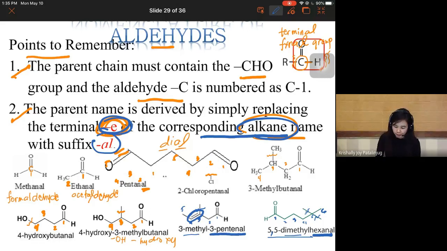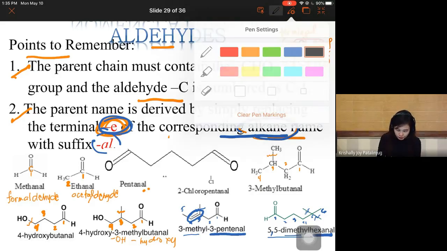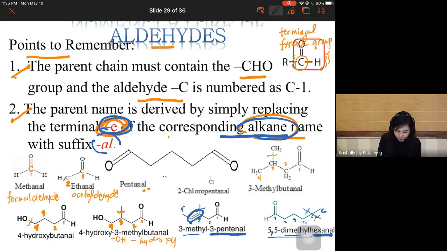This is an example of an aldehyde, with two aldehyde groups. Let's check. This is an aldehyde, right? You have a carbon double bond to oxygen, and it lacks one more bond. The hydrogen is imaginary, because this is a skeletal structure.